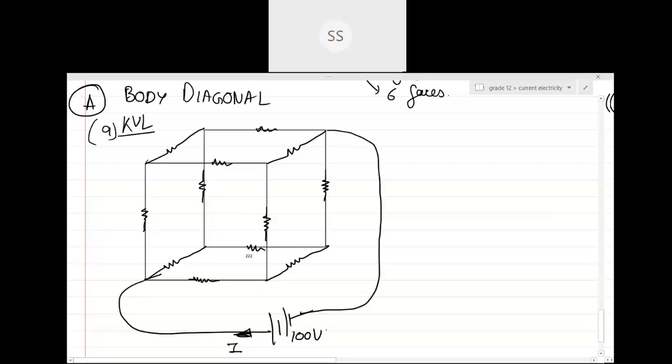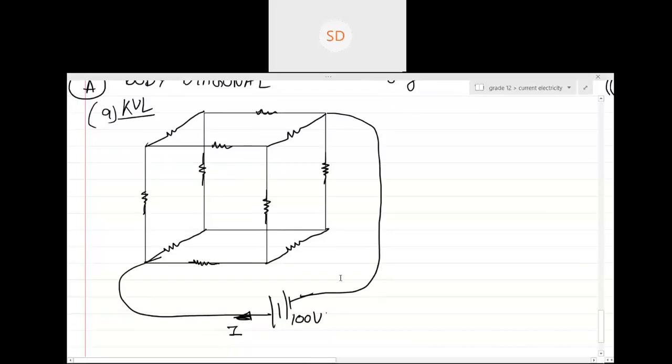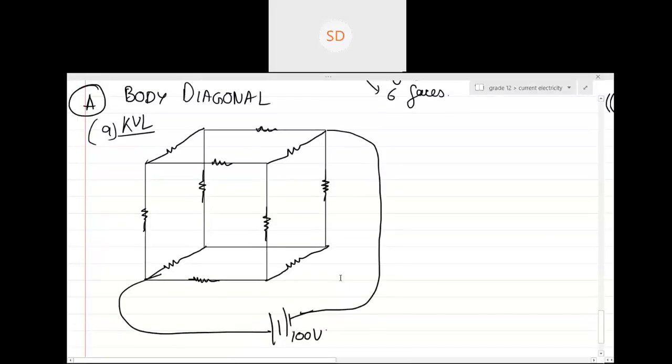Let me draw the current using a different color. So let's name the cube as A, B, C, D, E, F, G, H. Please remember, I will be solving this body diagonal using nodal as well.